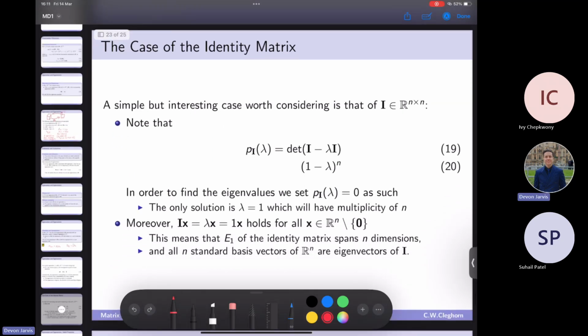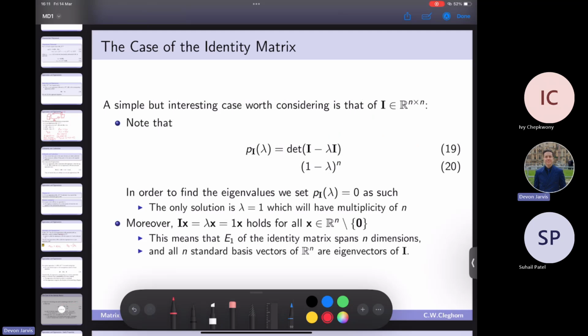Okay, and so if you look at the case of the identity matrix, a simple but interesting case worth considering, if you take the determinant of the identity minus lambda times the identity, just factoring this out, you get 1 minus lambda. You pull the constant out, 1 minus lambda to the power of n, determinant of I, and we know that will fall away.